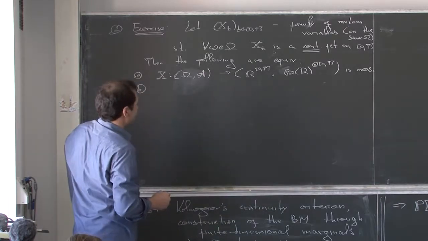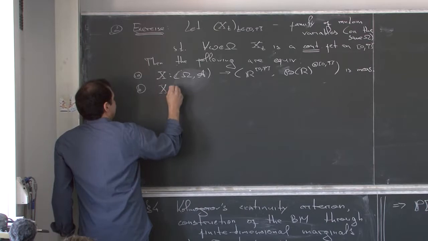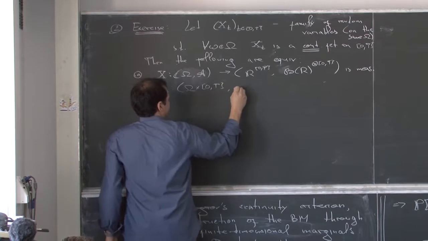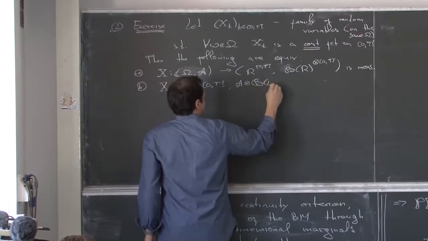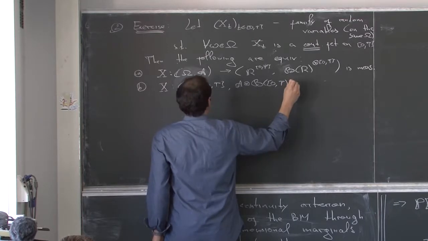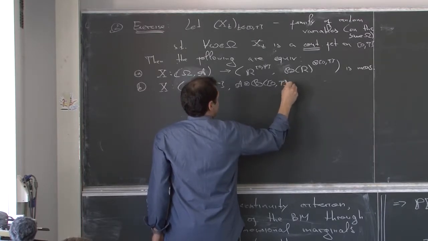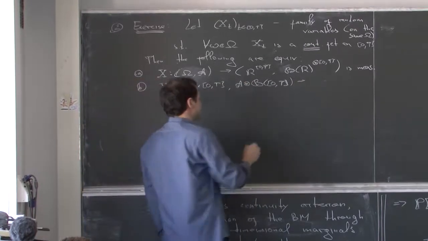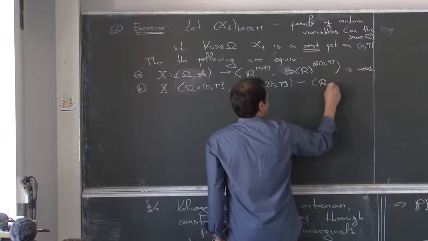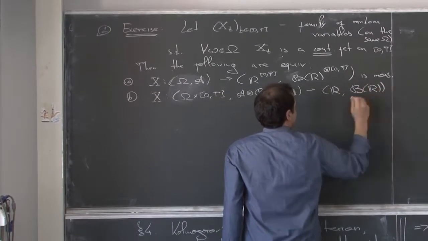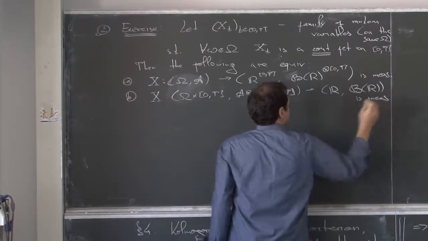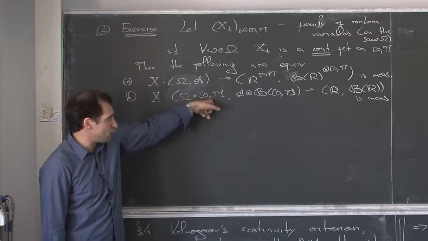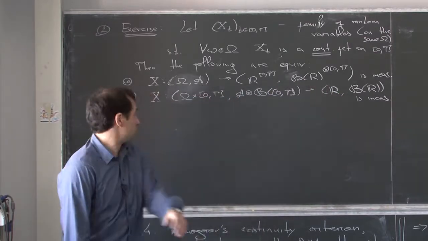The other option is that this, considered as a random process, is measurable with respect to this product of sigma algebras. So that if I consider omega and t simultaneously, and then write the result.